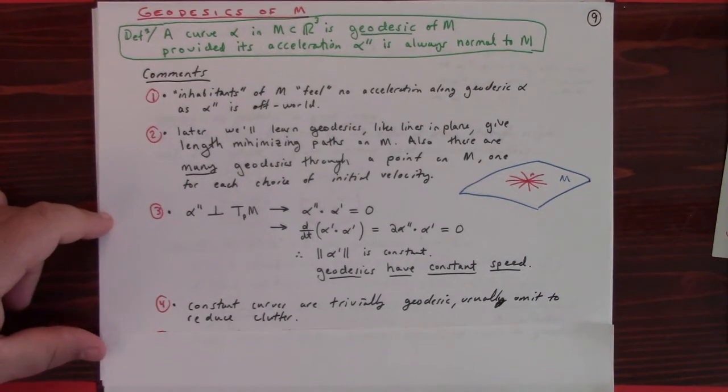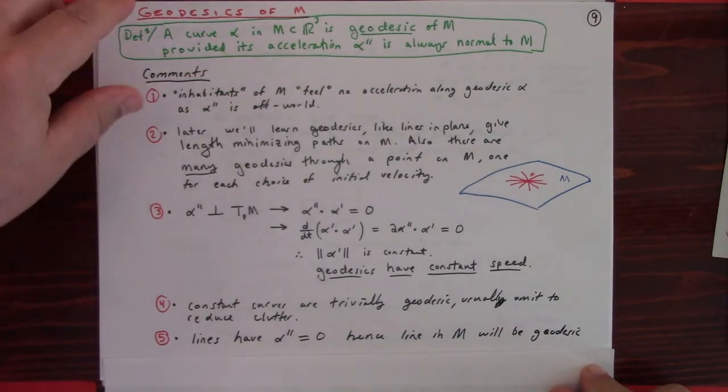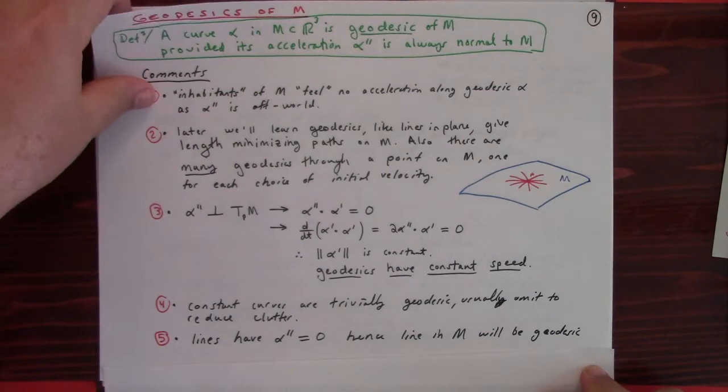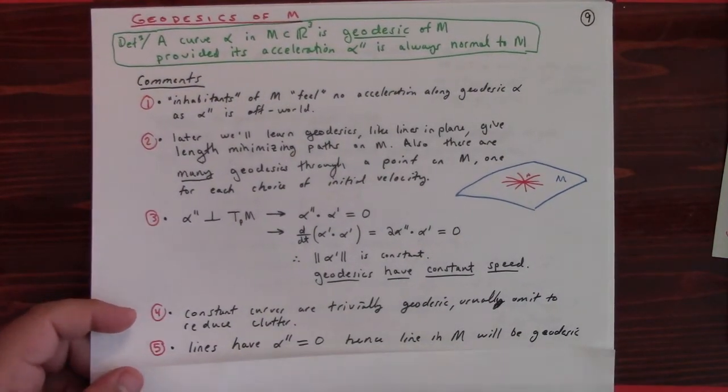So point 4, constant curves are trivially geodesic, but we usually omit them to reduce clutter. And lines have alpha double prime equal to 0. Hence, any line which you can find in your surface will be a geodesic. All right. In our current context, all of this is based on everything we're saying right now.